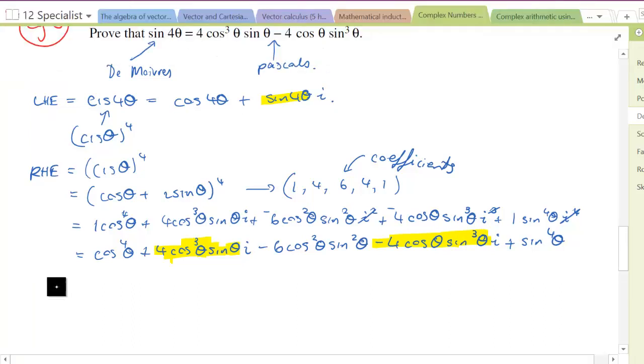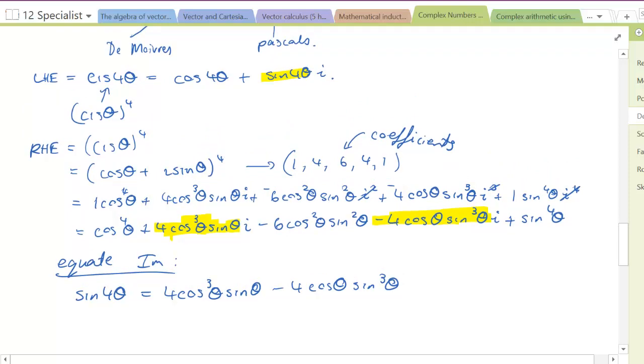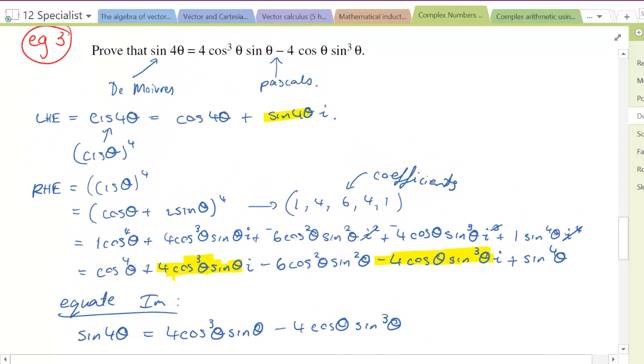So if we equate the imaginary components of both sides, we get sine 4 theta is equal to 4 cos cubed theta sine theta subtract 4 cos theta sine cubed theta. Now, I believe that is what we're trying to prove.